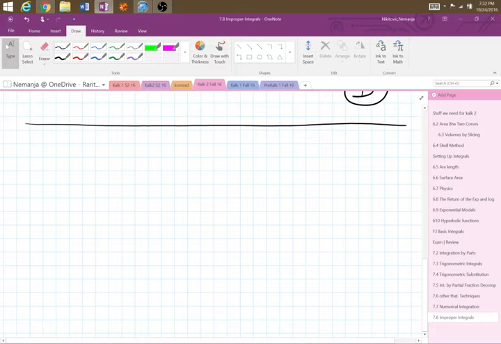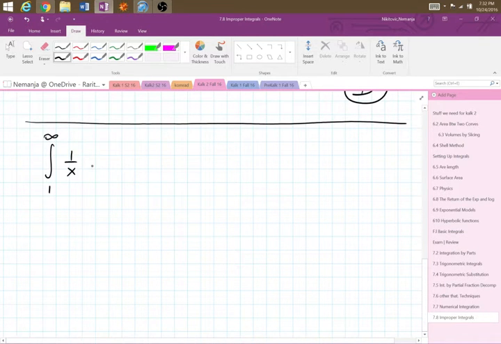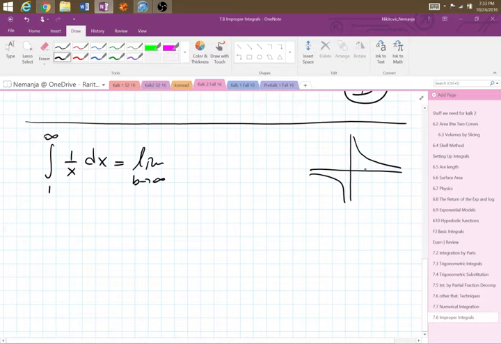Let's take a look at the integral from 1 to infinity of 1 over x dx. Limit as b goes to infinity of, now what do you think? Would it converge or diverge? So we are looking for this. We know that area is going to leak forever this way. Let's see.